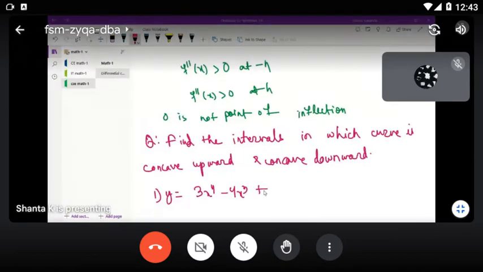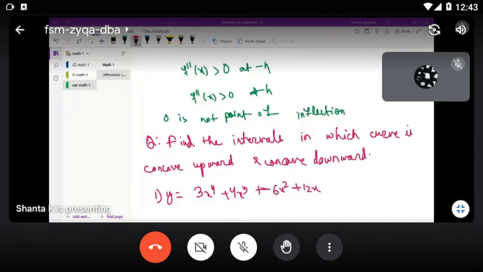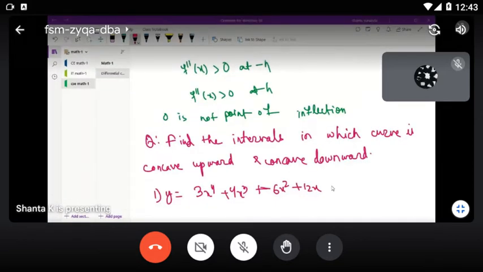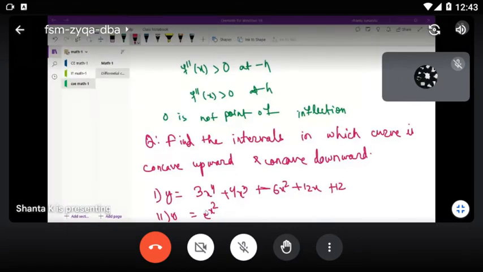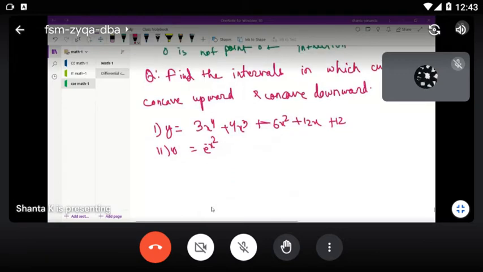Minus 6x square plus 12x plus 12. Ma'am, that is minus 6x square. Yes, this is minus 6x square.